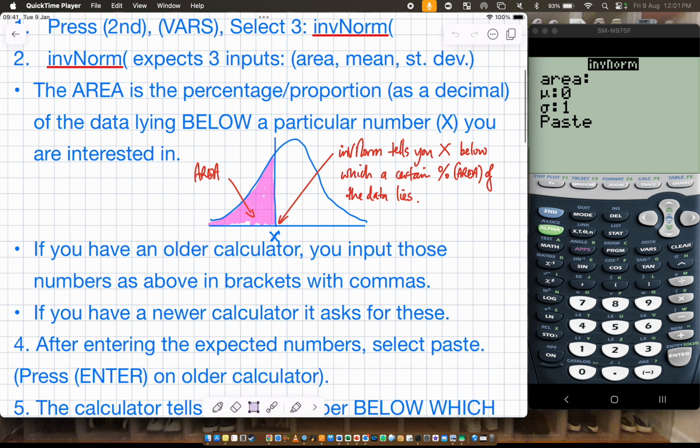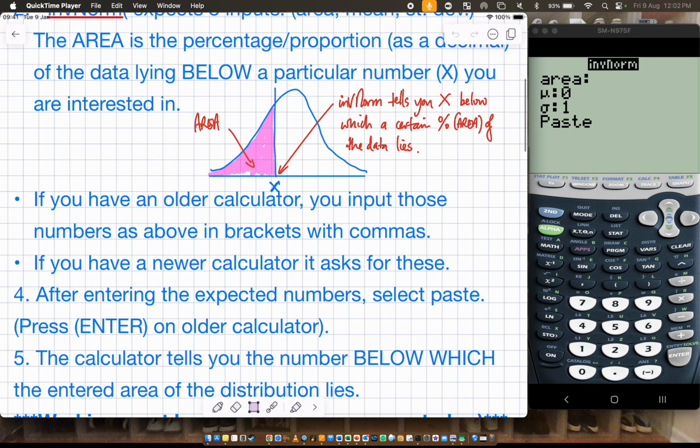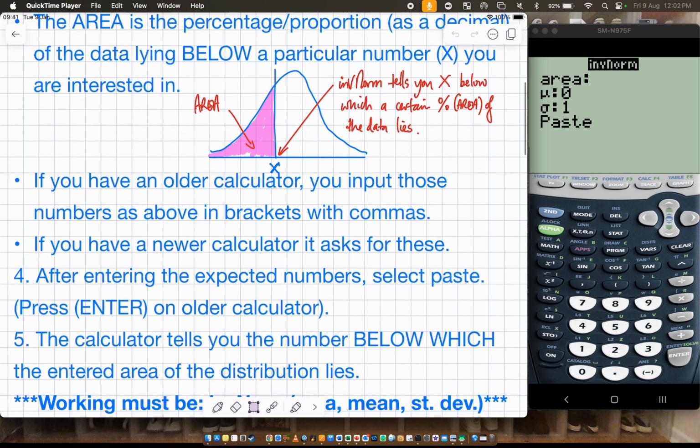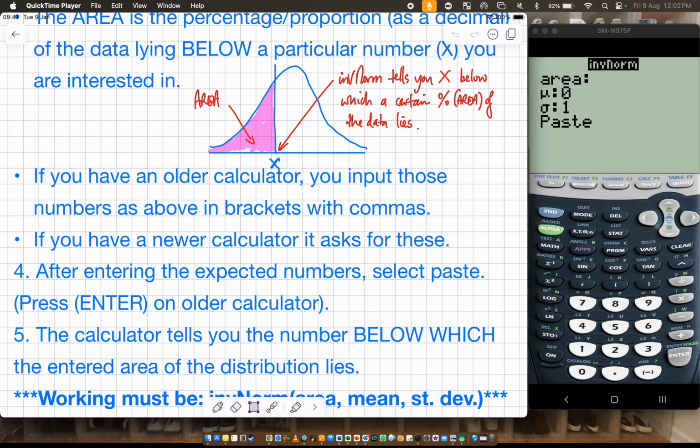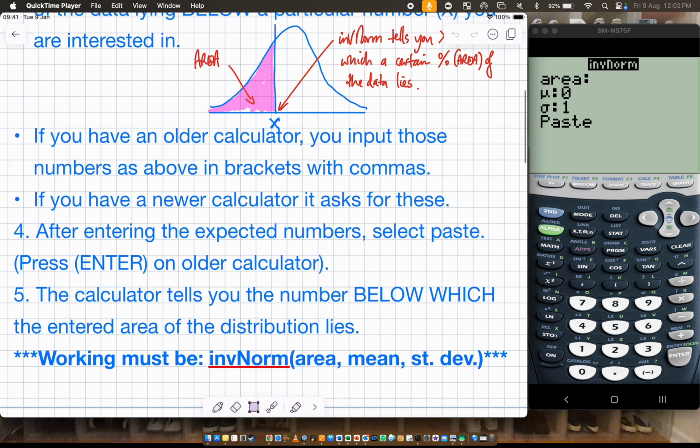If you have a newer calculator, so we've got the semi-newer ones, your screen looks like mine. It wants the area as a decimal, it wants the mean, it wants the standard deviation. After you enter the expected numbers, you press paste, and then the calculator tells you the number below which the entered area of the distribution lies.